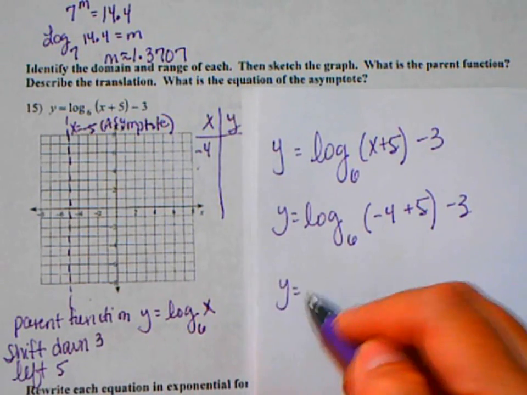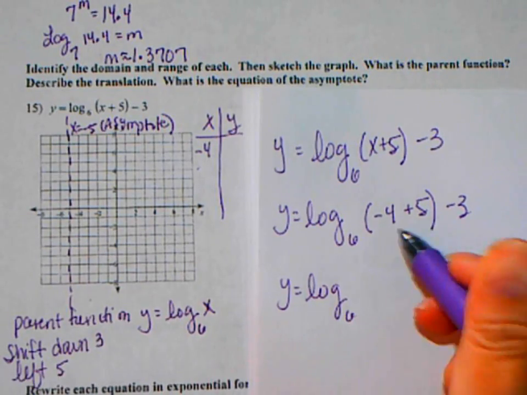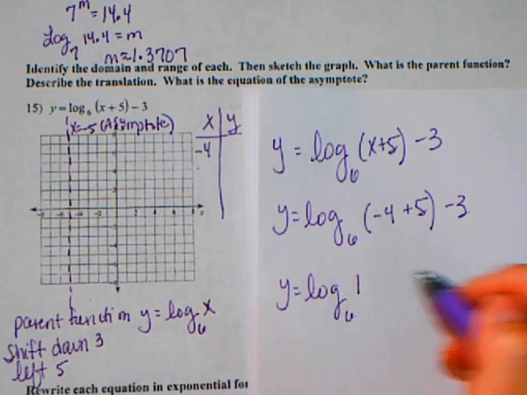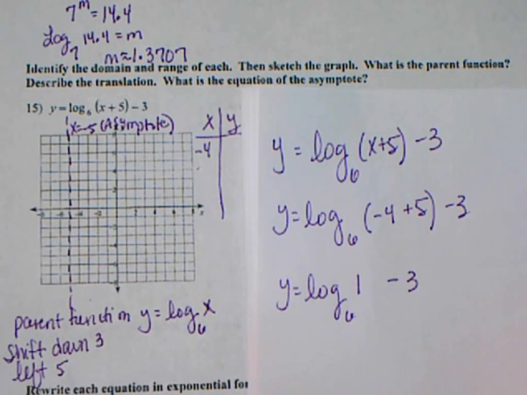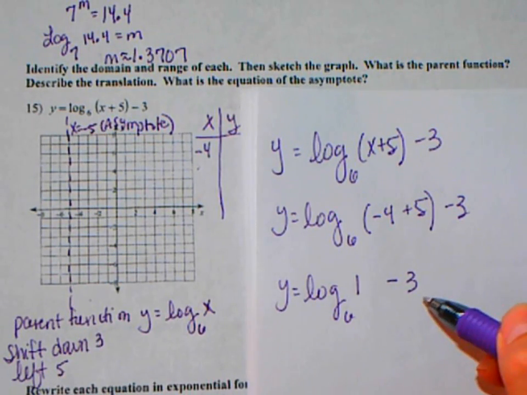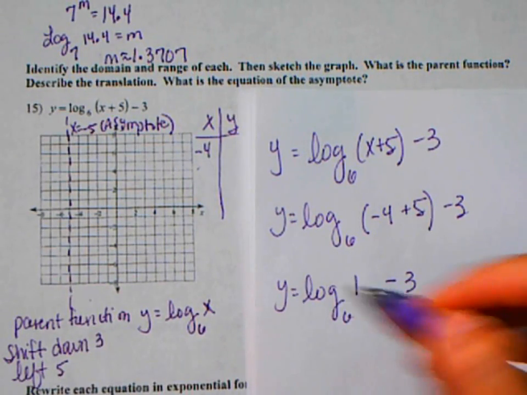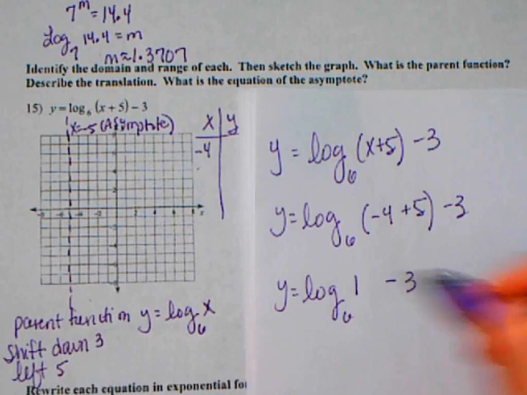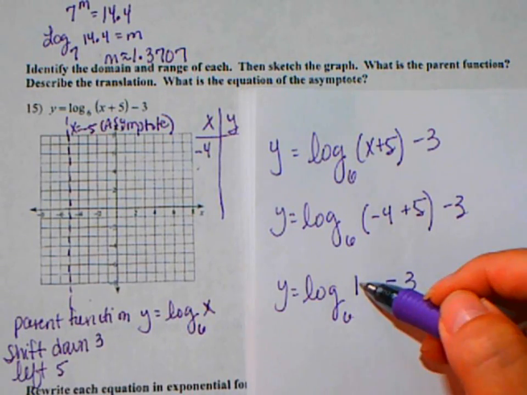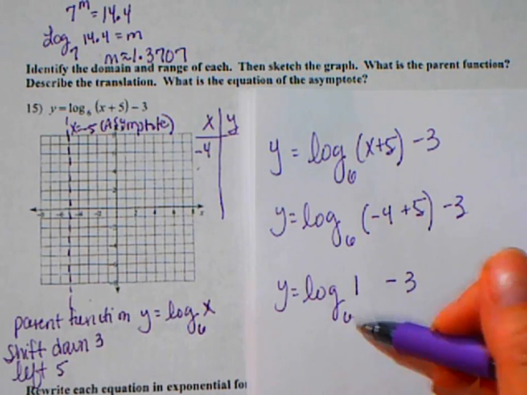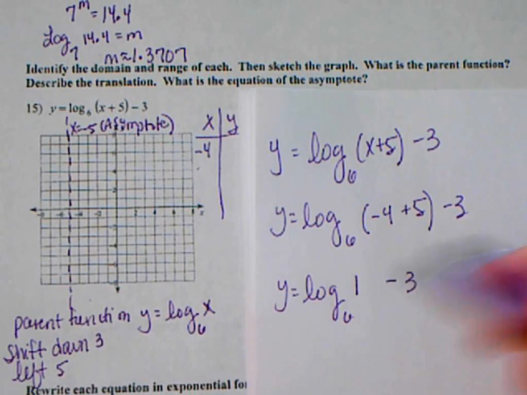So that's y equals log base 6, -4 plus 5 is 1. And then I have -3. Now be careful when you're doing this. You cannot do 1 minus 3. This log base 6 of 1 all goes together. I'm not subtracting 3 from 1. I'm subtracting 3 from log base 6 of 1. So what do you think we could do to continue simplifying this?